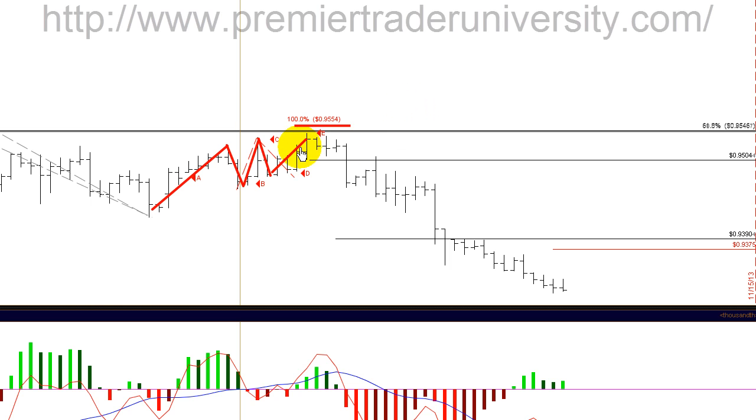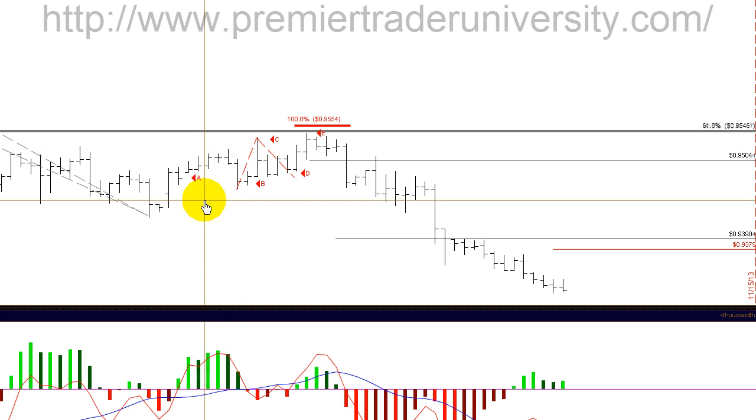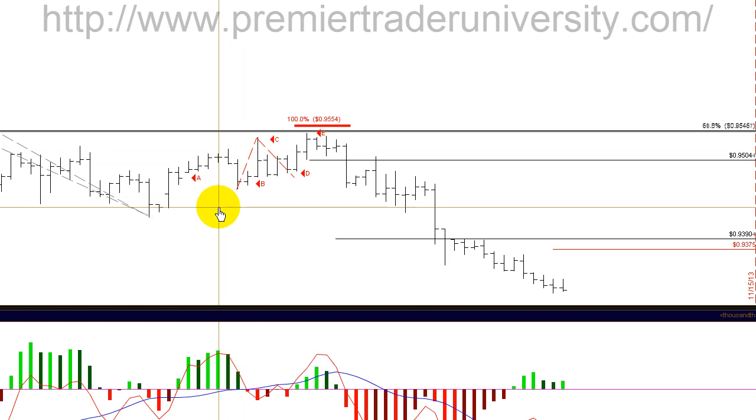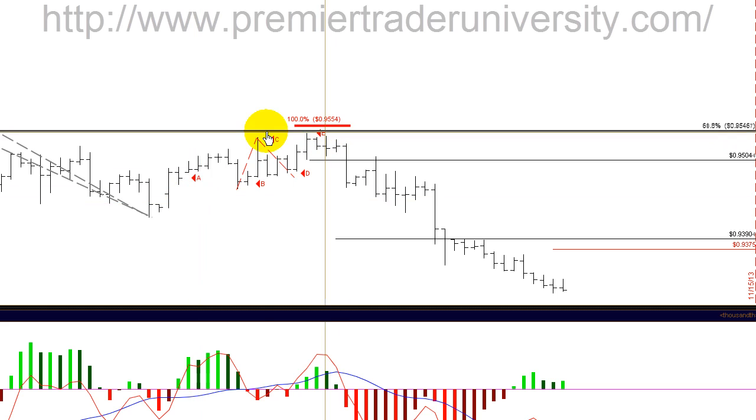Overlapping moves such as this generally mean you're facing a corrective move. So markets aren't just A, B, C corrections, the 3-point corrections that people like to trade. They can also go to E's, and that's what I marked off here. Whether this is right or wrong, I don't know. This is not a lesson in Elliott wave. This is what I do to put some context to what I'm looking at. But I don't trade just simply looking at the waves.